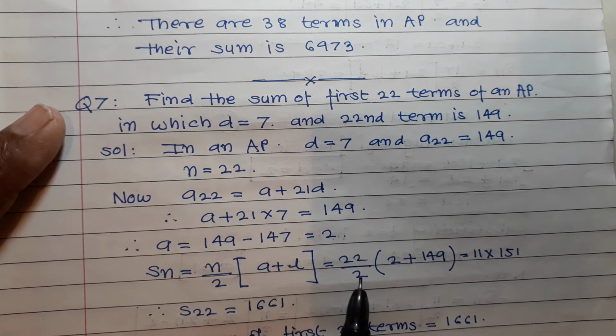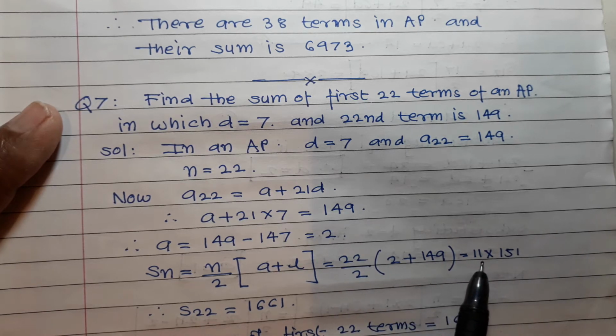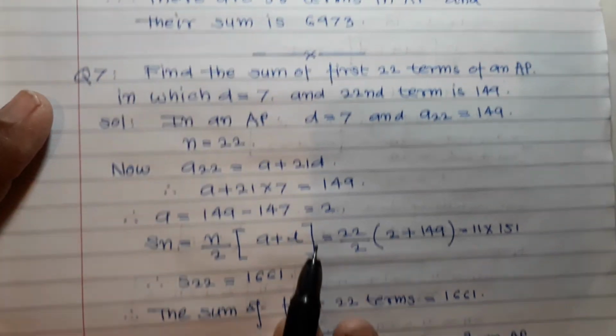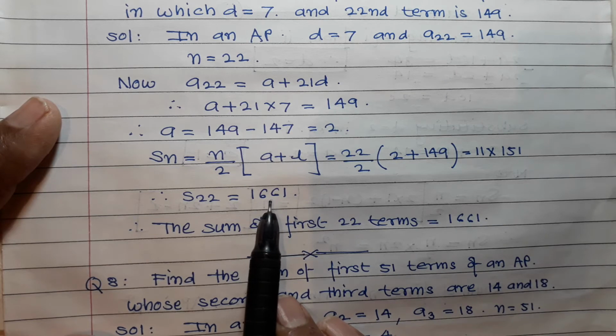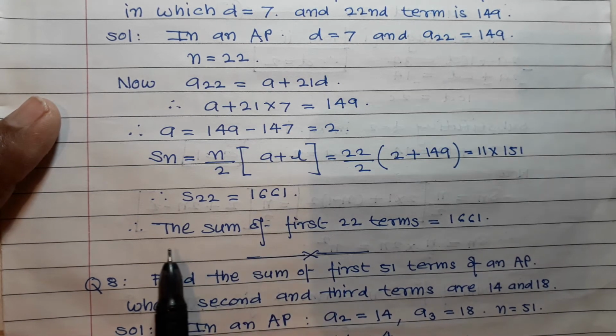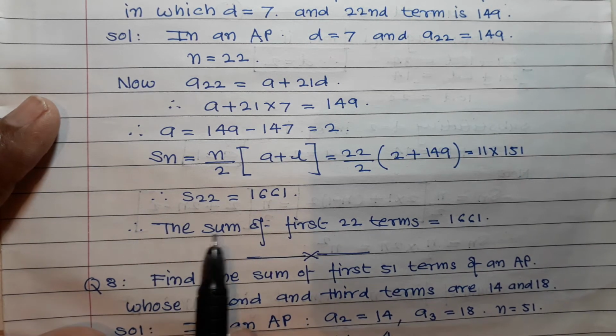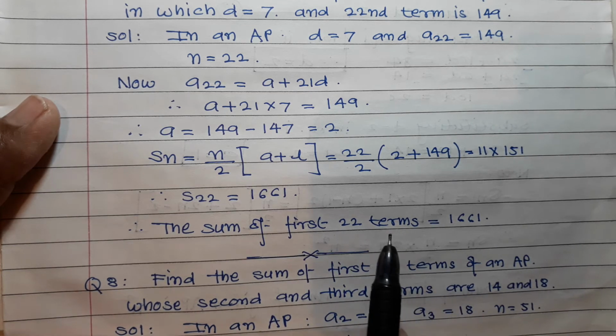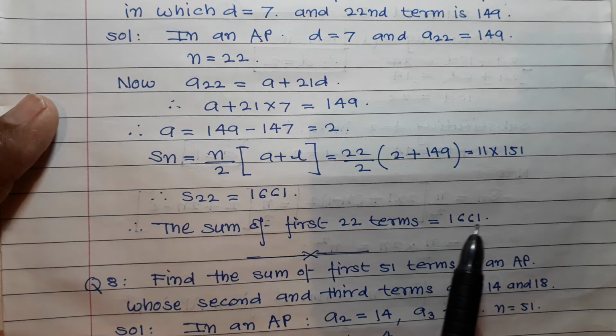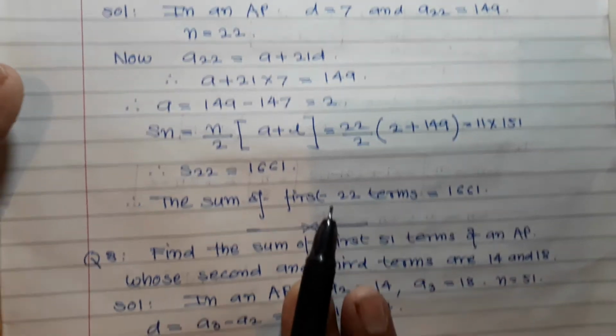So 22 upon 2 into (2 plus 149) is equal to 11 into 151, and therefore S_22 is equal to 1661, and therefore the sum of the first 22 terms is 1661. Okay.